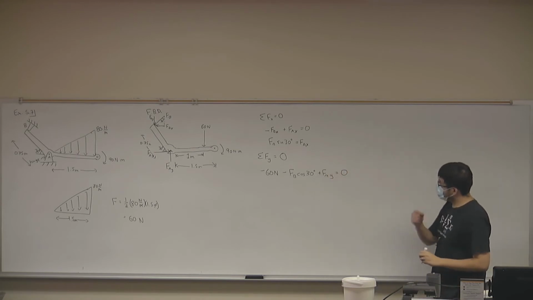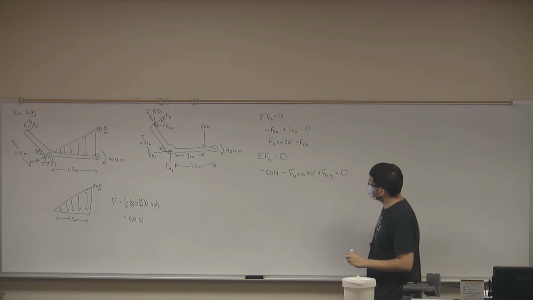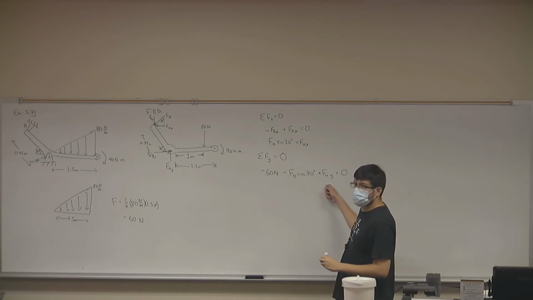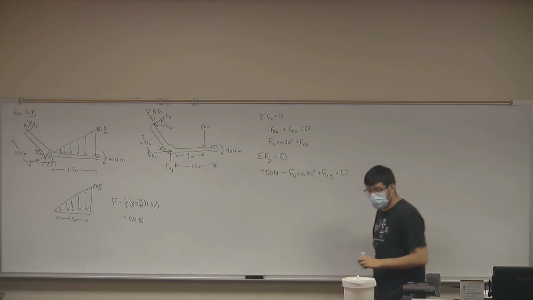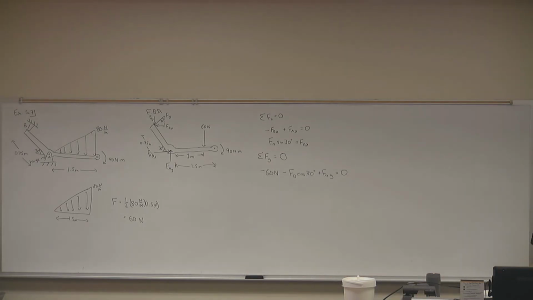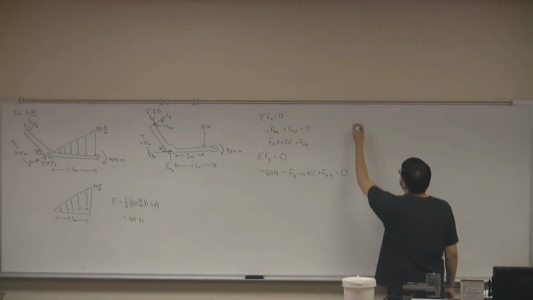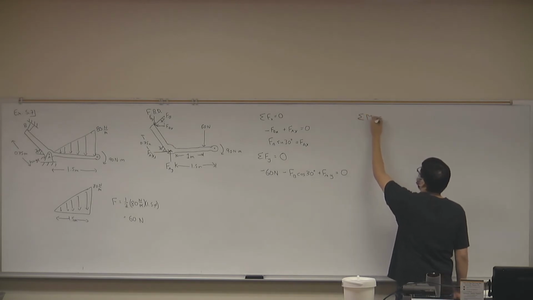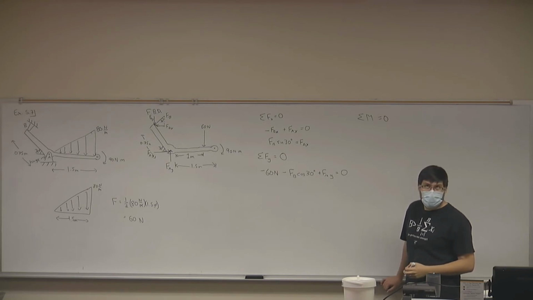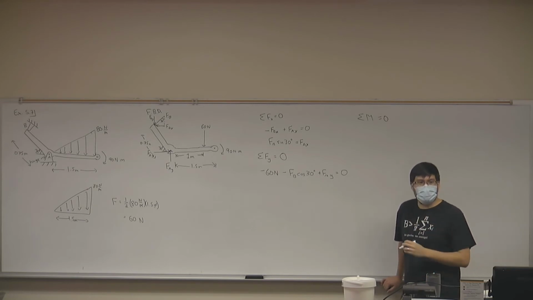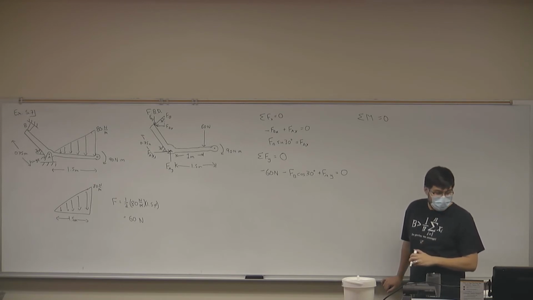We change y to cosine 30? No. Yeah. No? Oh, never mind. Okay, got it. Now we need some moments equals 0. What's the point at which you want to find the sum of moments? Probably like A.